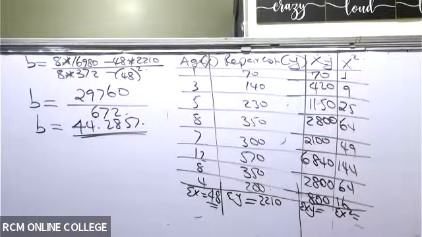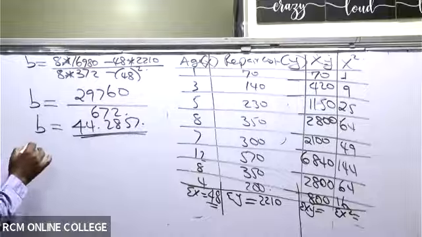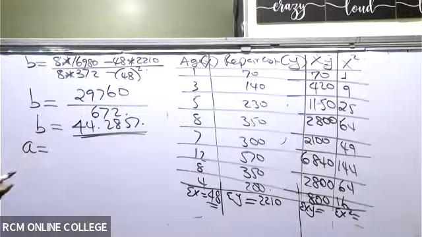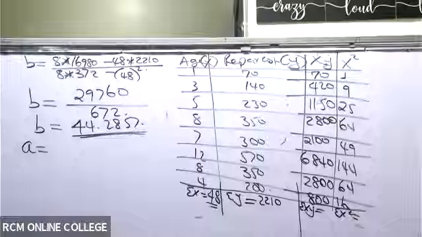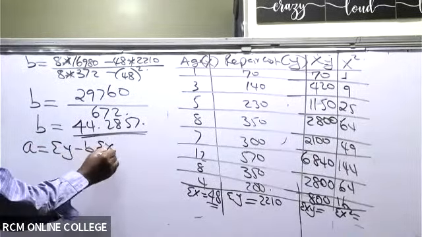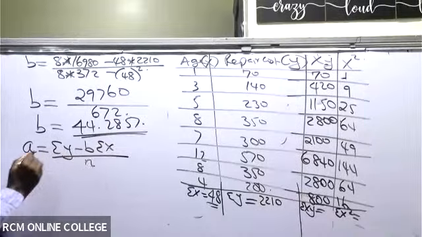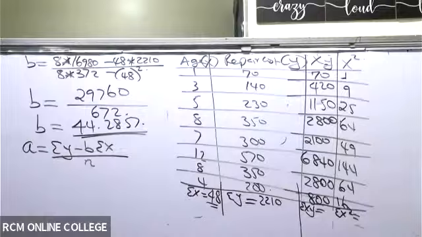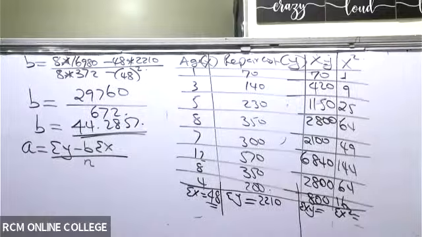And once you now get the value of B, getting A is as easy as a walk in the park. To get A, we normally take summation of Y minus B, summation of X, divided by N. Do we have all these parameters?